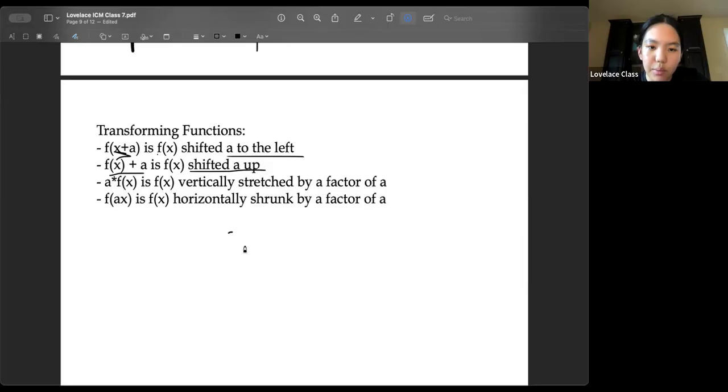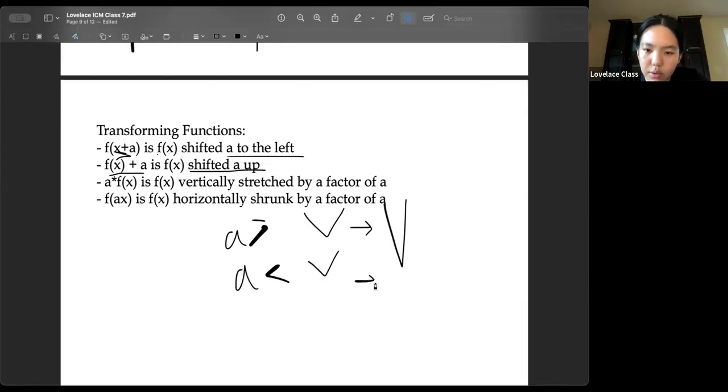So if a is greater than 1, then it's going to be stretched. If a is less than 1, then it's going to be squished.